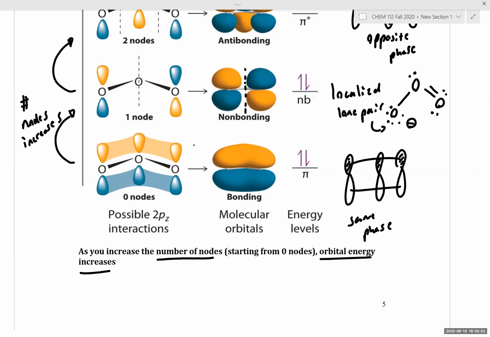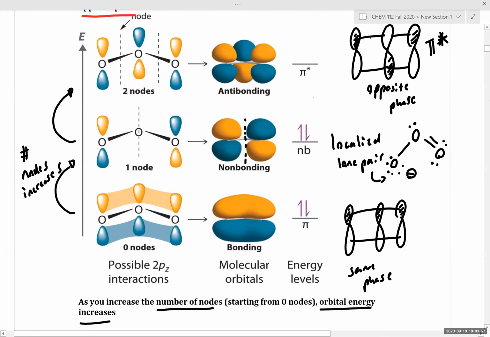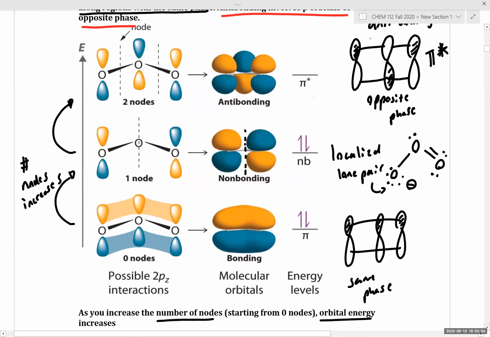So essentially what we've done here is we've taken MO theory and we're beginning to use MO theory to describe the distribution of electrons about our entire molecule in our pi system.